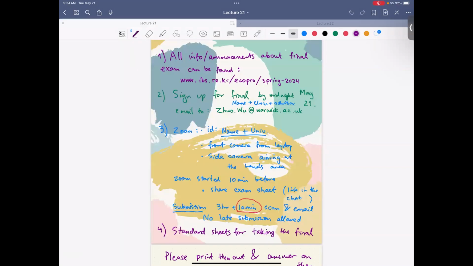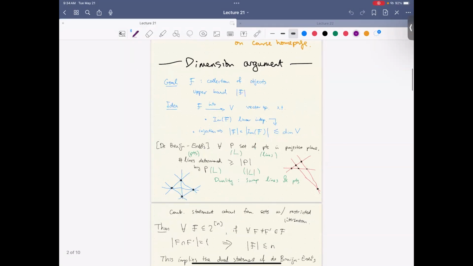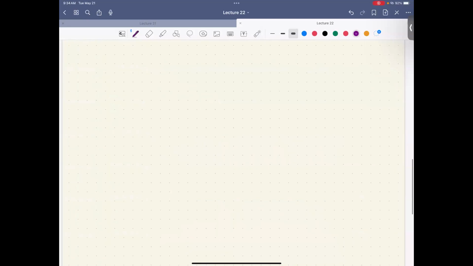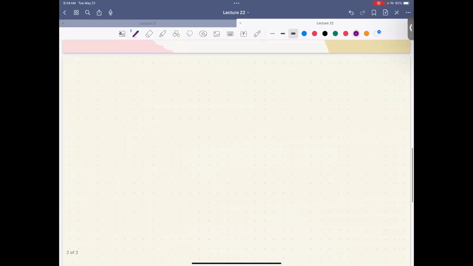Let's recall last time we talked about the dimension argument, where we want to bound a family of discrete objects.